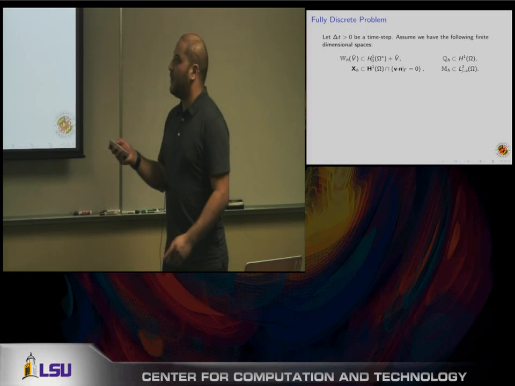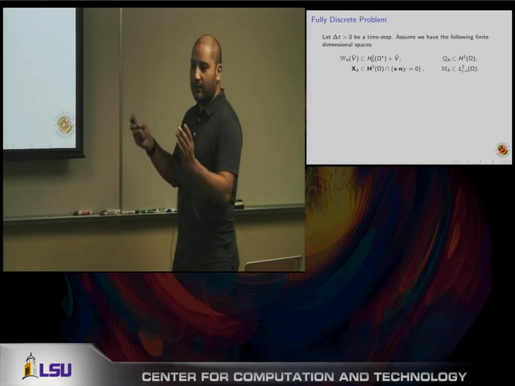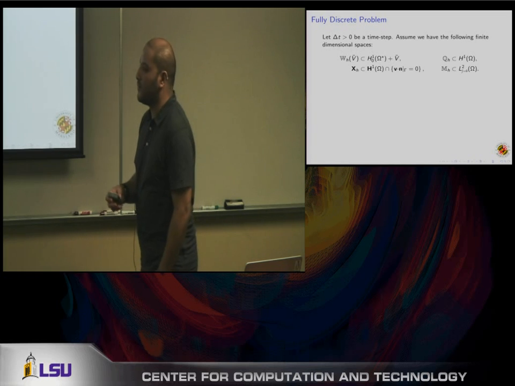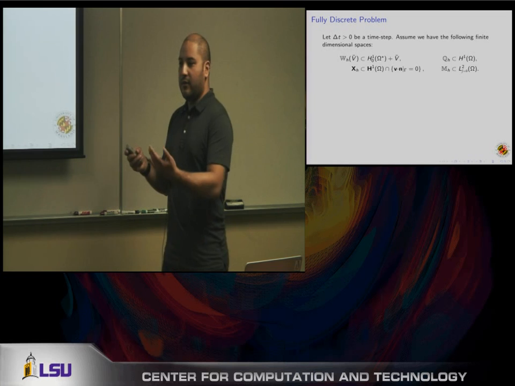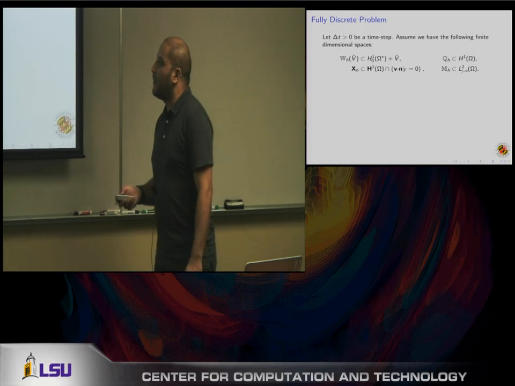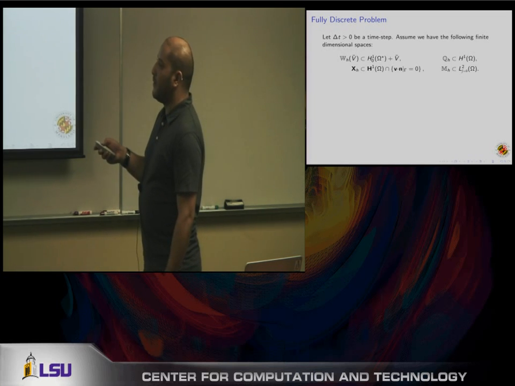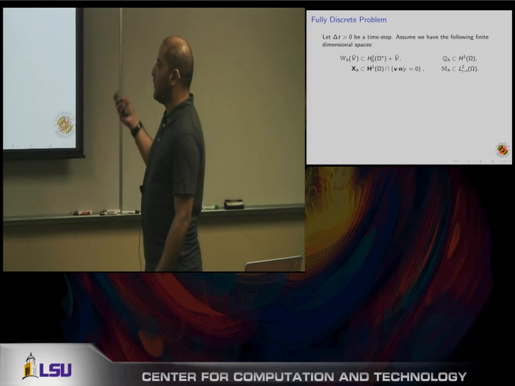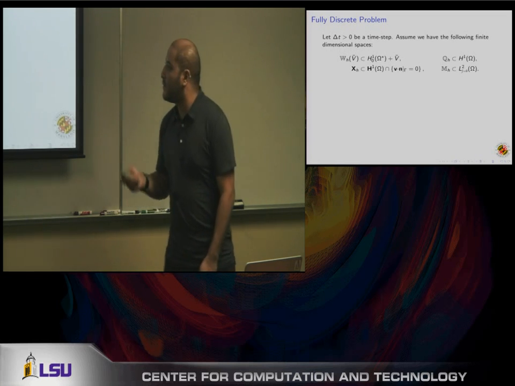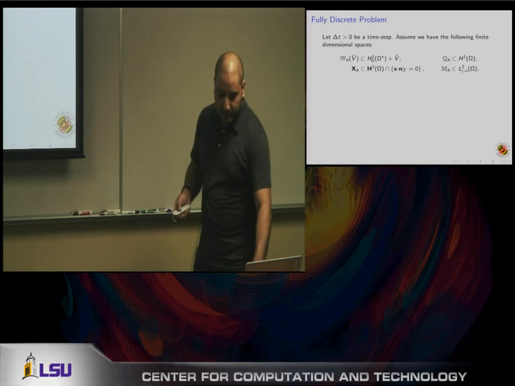The problem was time dependent, so we introduce a time step. As usual, we chop the time interval into subintervals of equal size. And then to discretize in space, we use Galerkin techniques. So we introduce this space W that is contained in, say, H10 plus B of the larger domain. Q, X, and M are finite dimensional subspaces of these spaces.